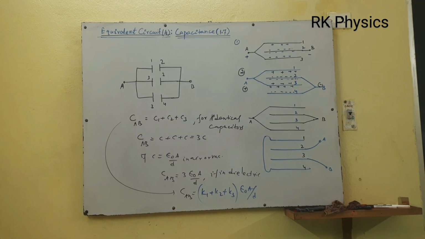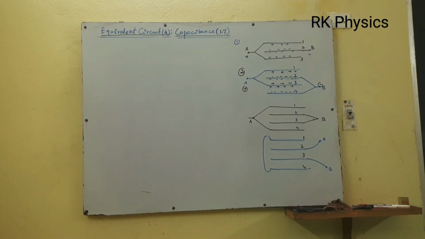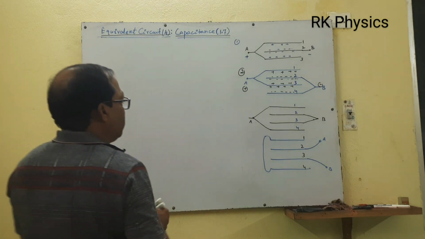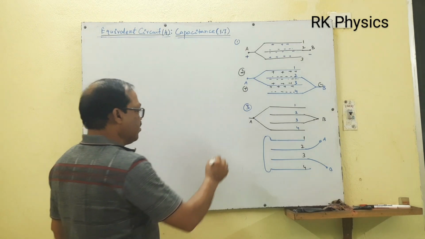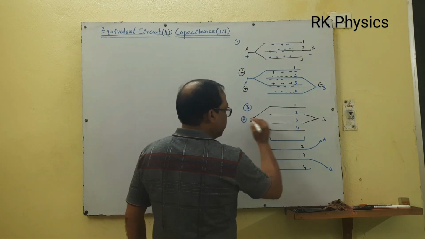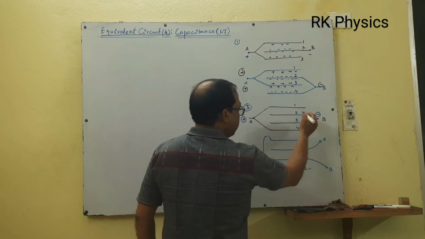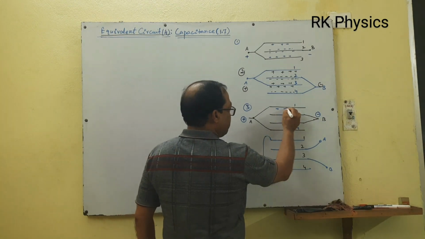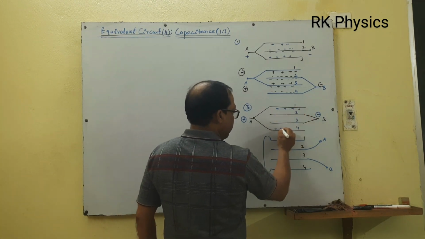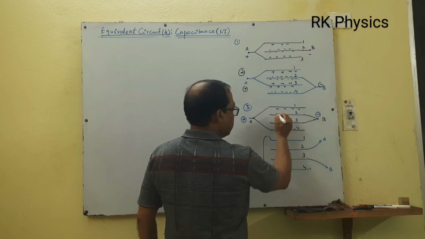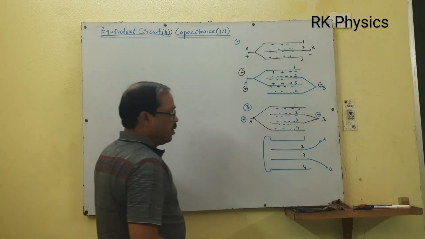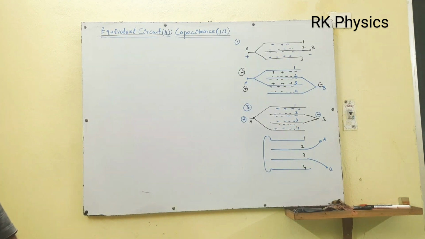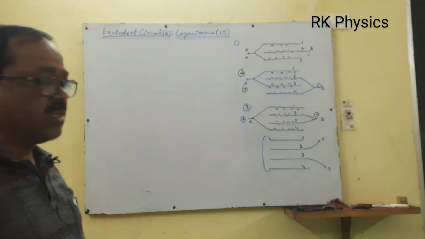So these are the formulas to find the equivalent capacitance of the second diagram. Now, let us consider the third arrangement. Again, A is taken as positive, B is taken as negative. Therefore plate 1 is positive and plate 4 is positive, whereas plate 2 is negative on both sides and plate 3 is negative on both sides. Between 1 and 2 there exists a capacitor.